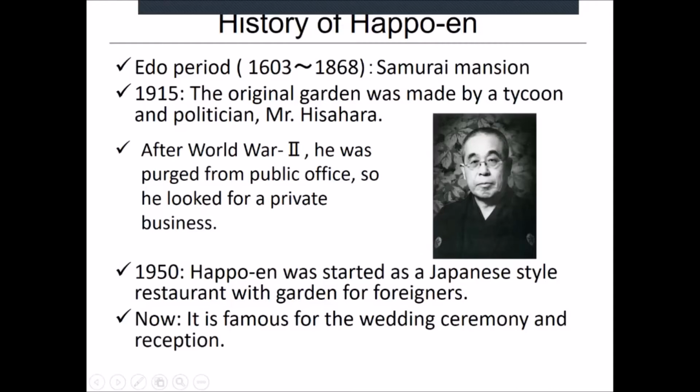After World War II, he was purged from public office, so he looked for a private business. In 1950, Happoen was started as a Japanese-style restaurant with garden for foreigners. Now it is famous for the wedding ceremony and the reception party.